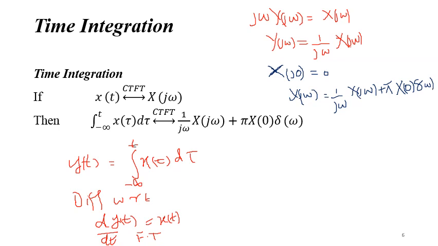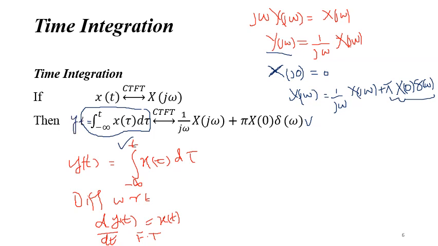So we add this term for those signals that have a non-zero DC value. So this is exactly what is here. Y of j omega is the transform of the integration of x of t, so the integration from minus infinity up to t of x of tau equals this expression. I hope you understand the relationship. We just denote the integration as y of t.